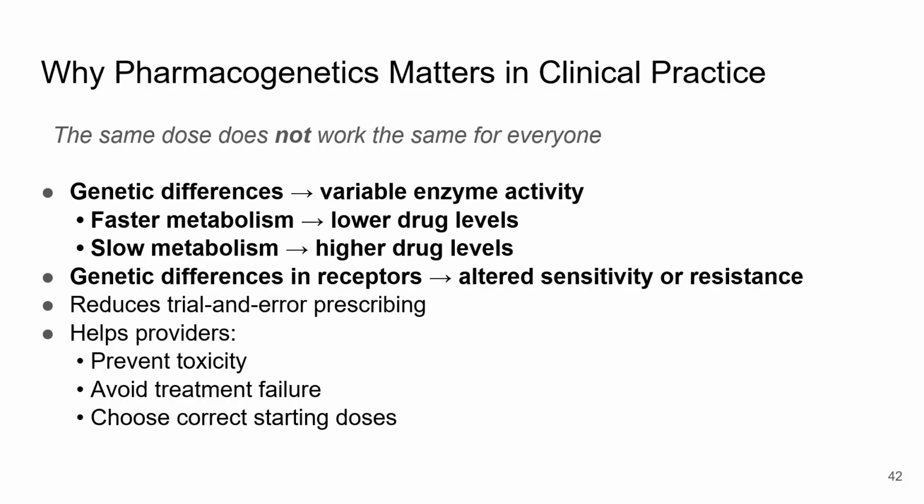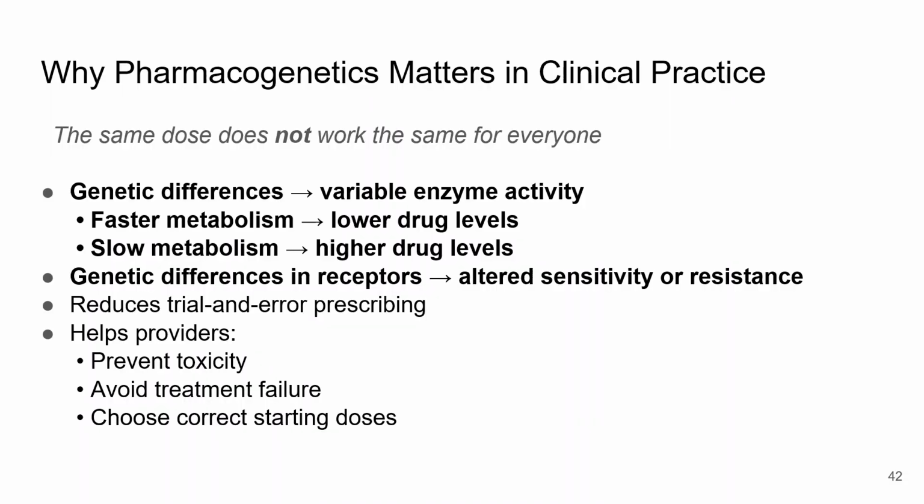So why is pharmacogenetics important to clinical practice? The same dose will not work the same for every patient that you encounter. So why is it that the same drug dose does not work the same for every patient? This is exactly why pharmacogenetics becomes important.